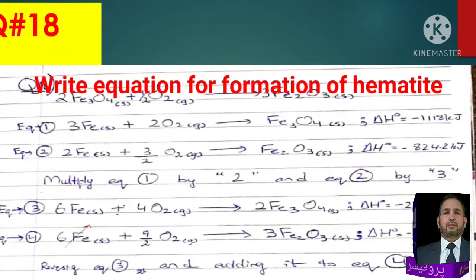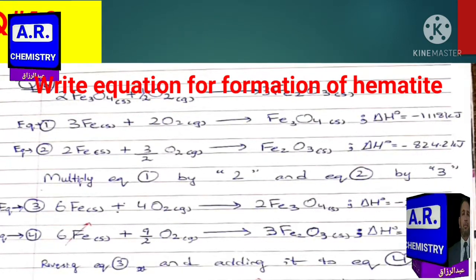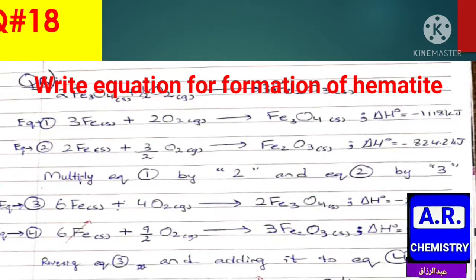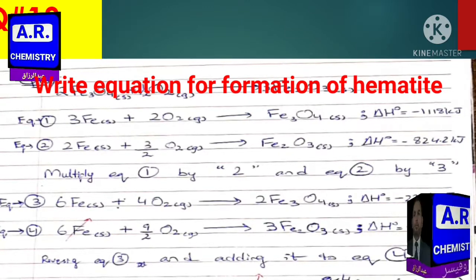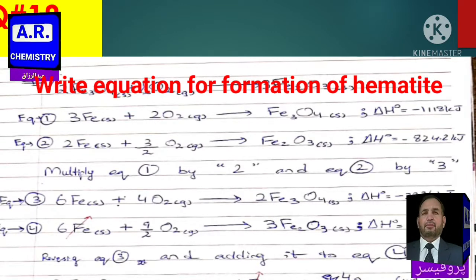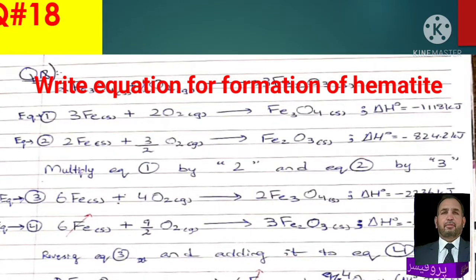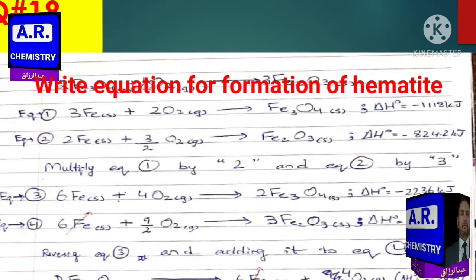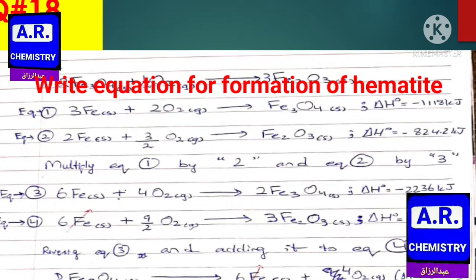Second is to write the equation for the formation of hematite, that is the second ore of iron. So under the heading equation 2, you can watch that there is iron Fe solid plus O2, after the arrow Fe2O3 is written, and in front of this equation the enthalpy of formation of hematite has been given. So these are equations 1 and 2.